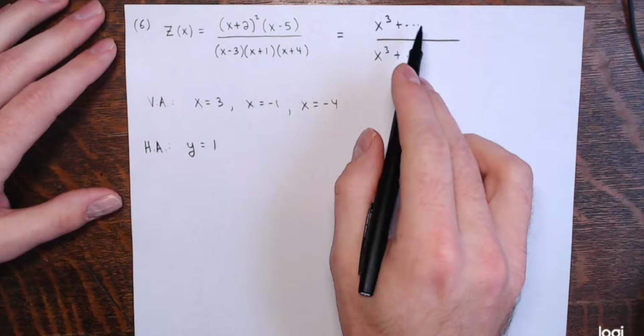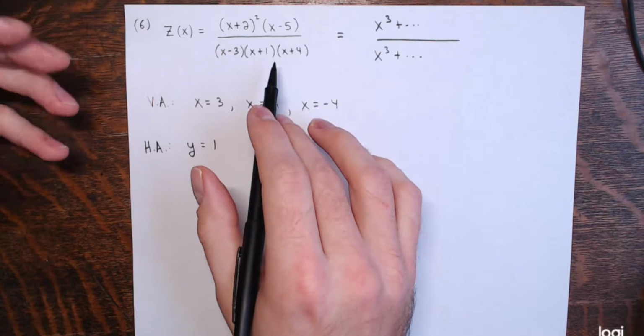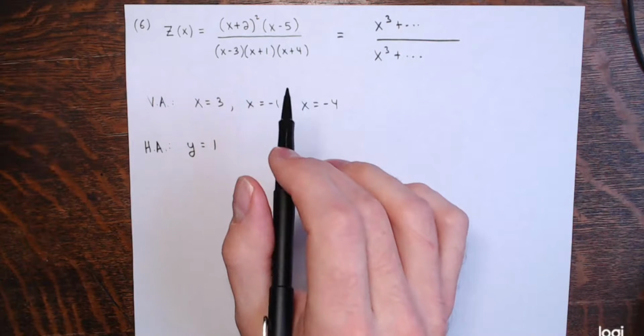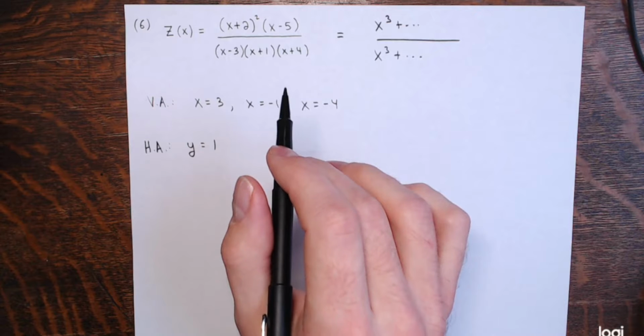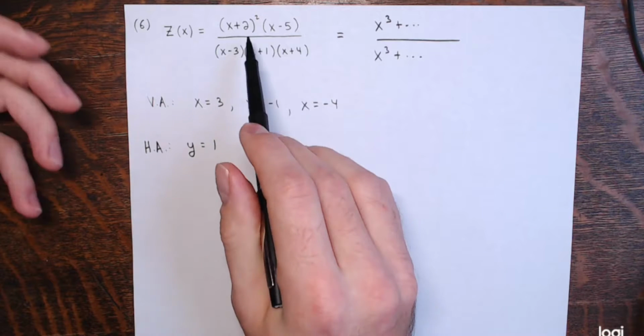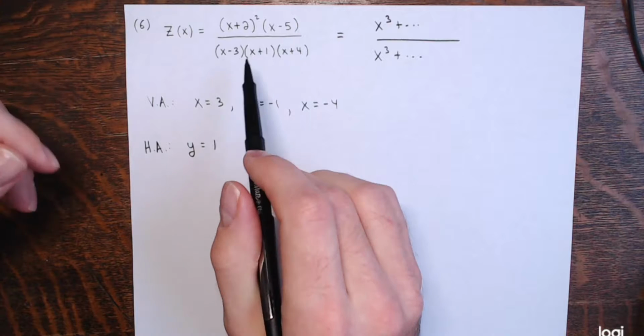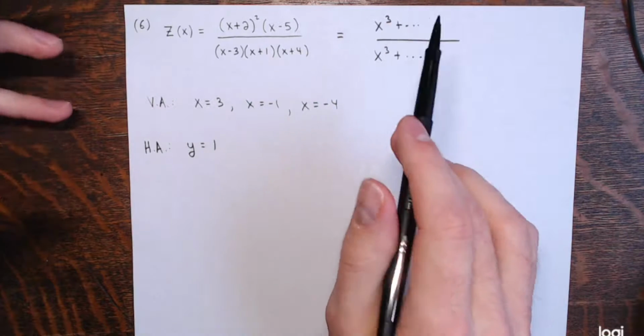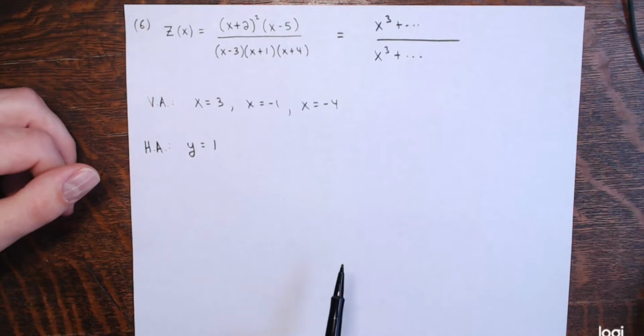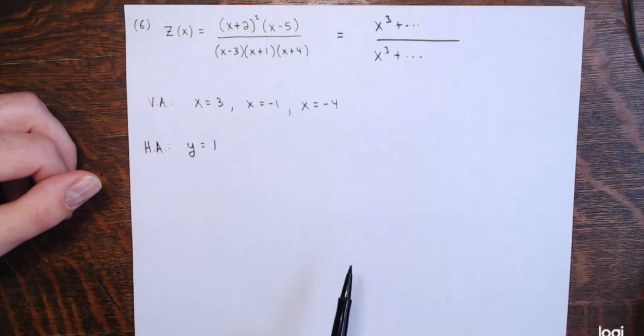Now, again, it would be a big pain to figure out if y equals 1 is crossed by this, so I'm not going to do it this time. But if you want to multiply these out and then divide them and see if it crosses y equals 1, be my guest, but I don't think it will.